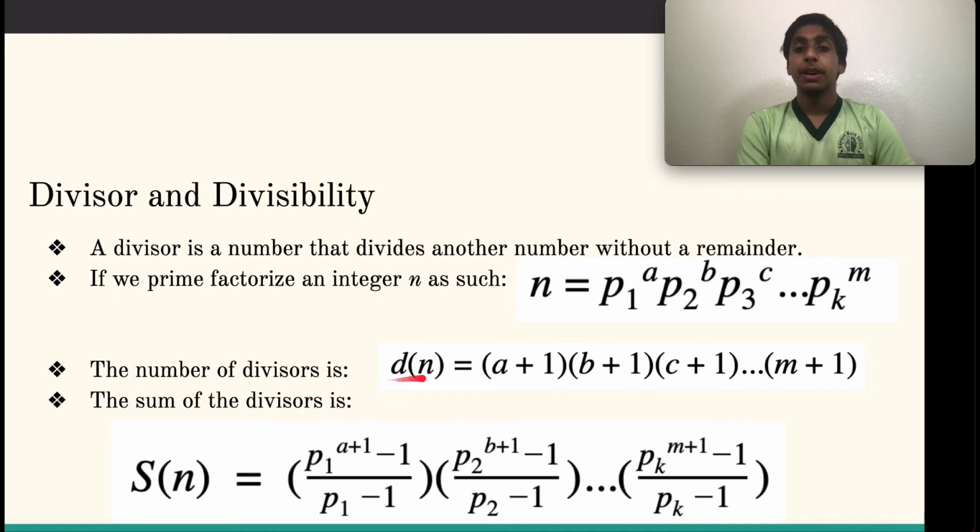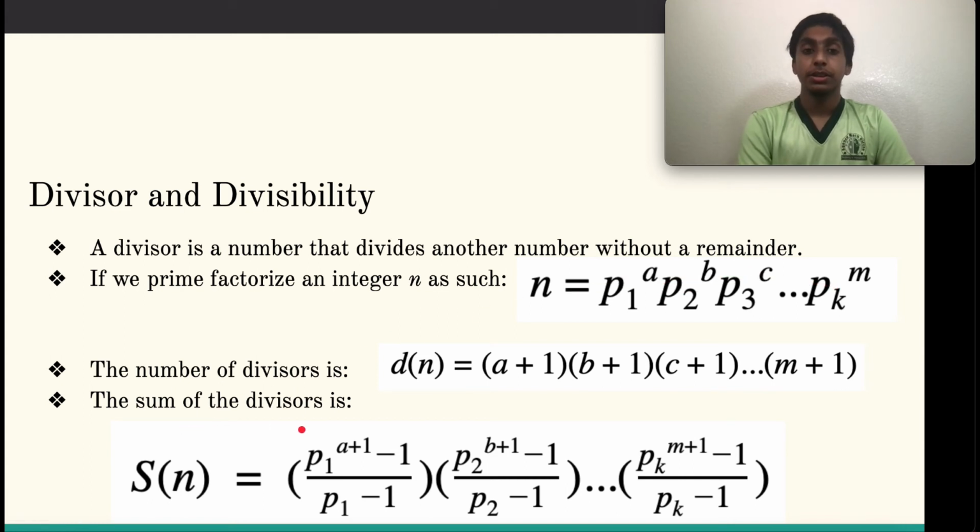So the number of divisors of this number n is going to be a plus 1, so the power of the first prime factor plus 1, into b plus 1, into c plus 1, until n plus 1. And we do this for all the prime factors. So however many prime factors I have, I'm going to have this many things that I have to multiply in my equation. So a plus 1, b plus 1, c plus 1, till n plus 1 here in this situation, because I only have a, b, c, and n.